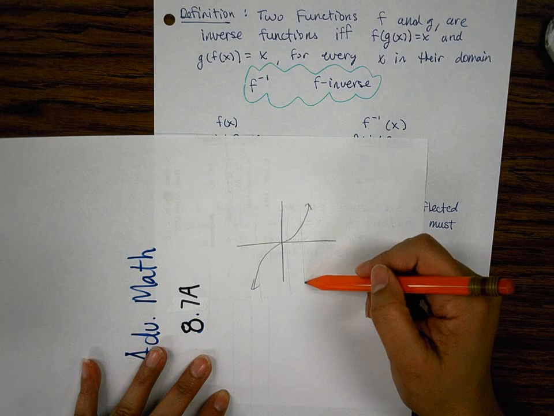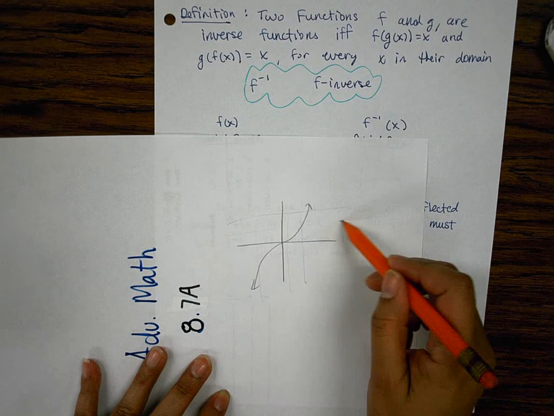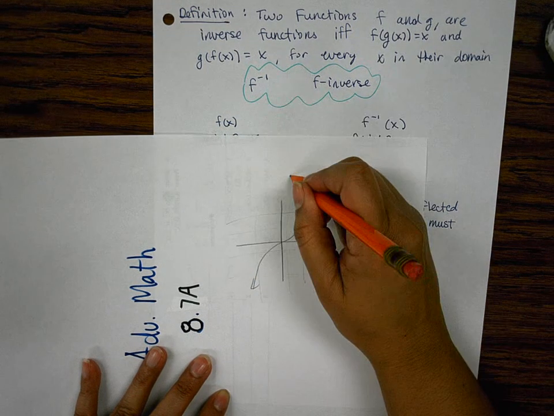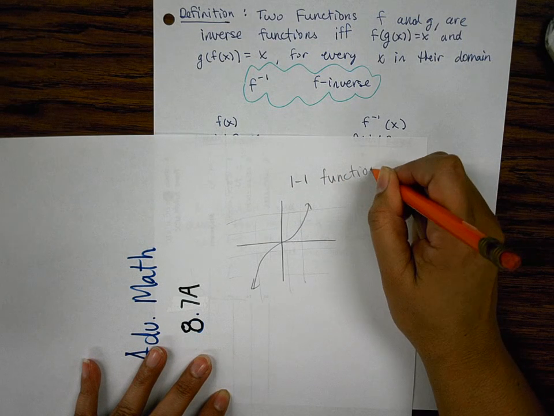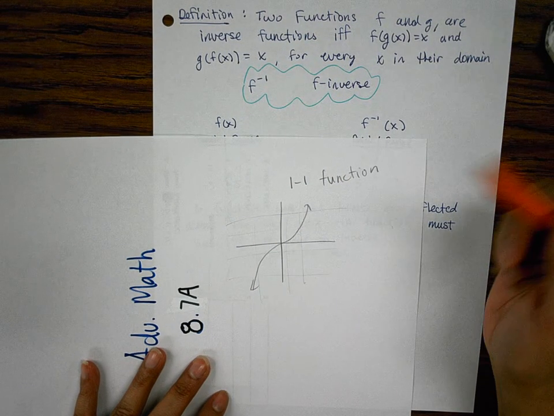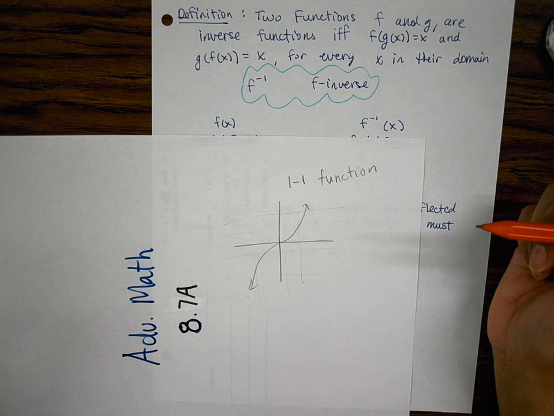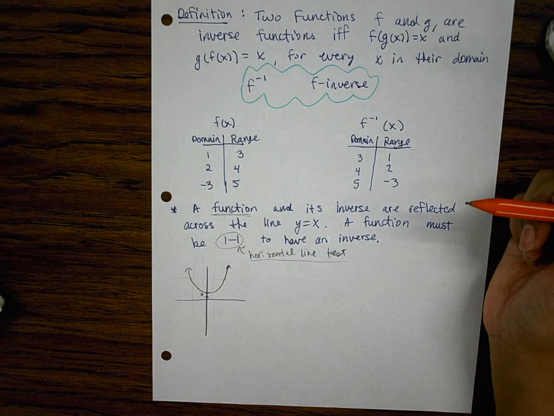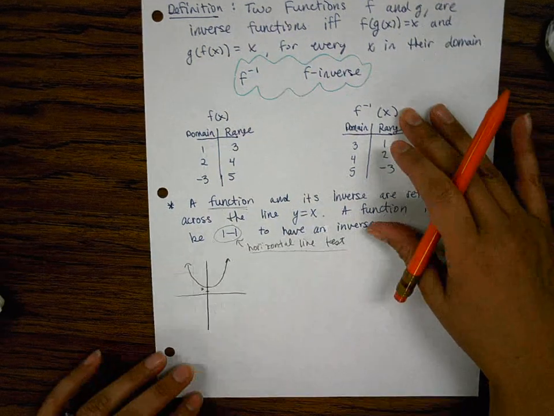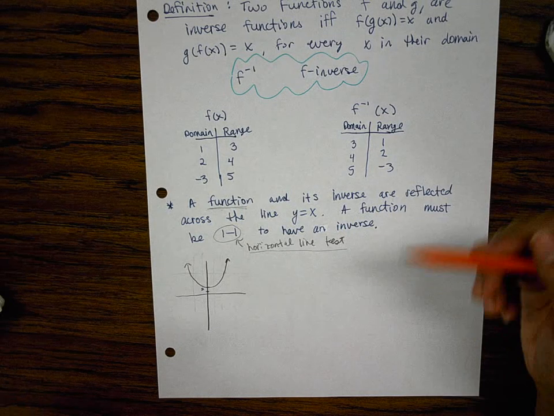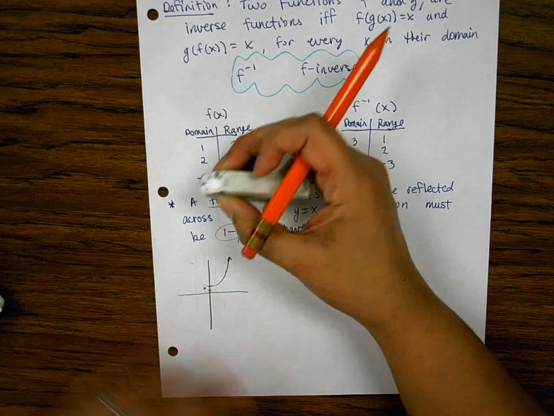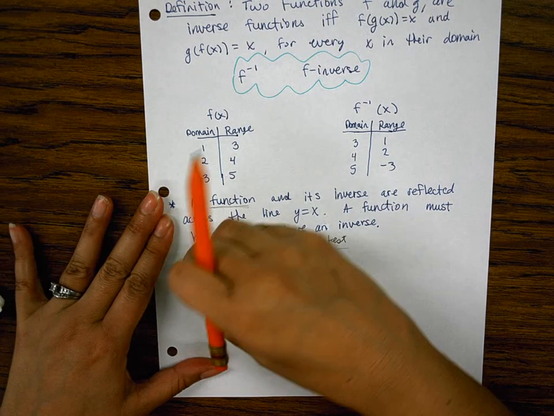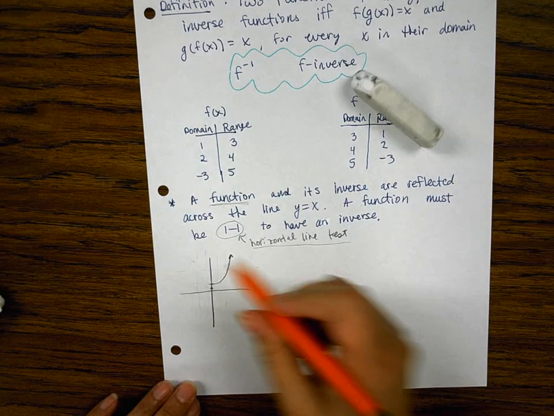If I gave you a function like this, it passes the vertical line test. It is a function, and it also passes the horizontal line test, so it is a 1-to-1 function, which means it does have an inverse. We'll work more with that on 8.7b notes with the graph. Okay, so back to the parabola. It is a function, but it's not 1-to-1.